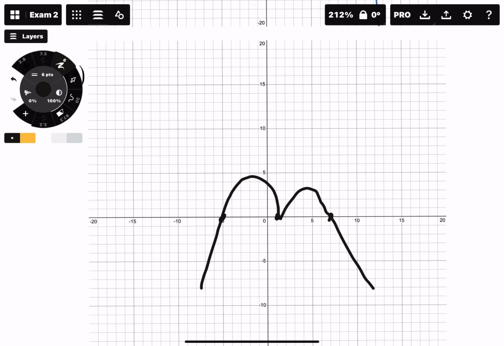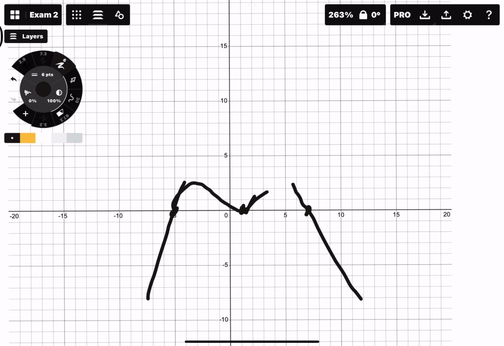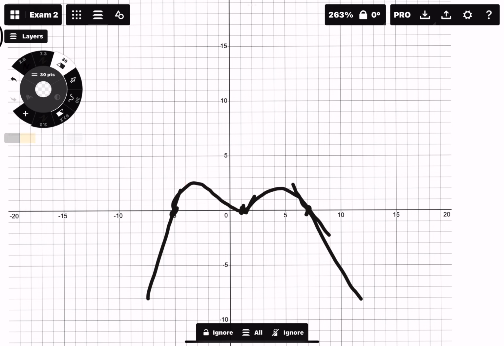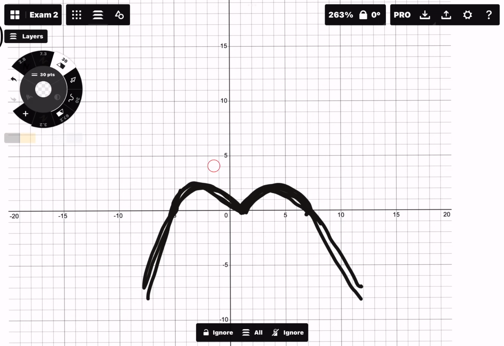However, this does not look straight. This is not smooth enough. So let's rewrite this like this. Make sure to make the graph smooth, or else you might get points marked off. Something like that. No, that's a bit unsmooth.